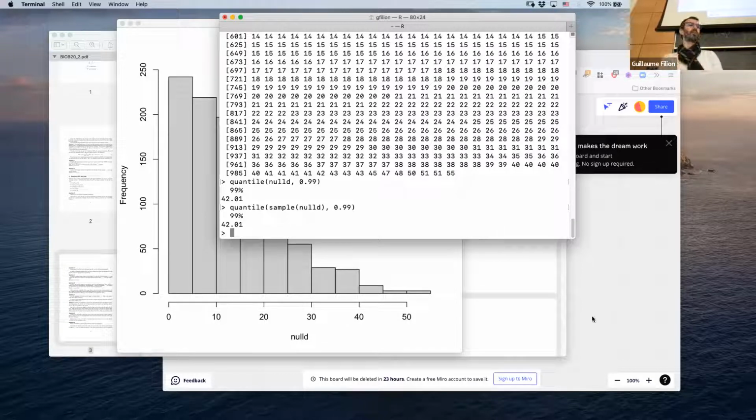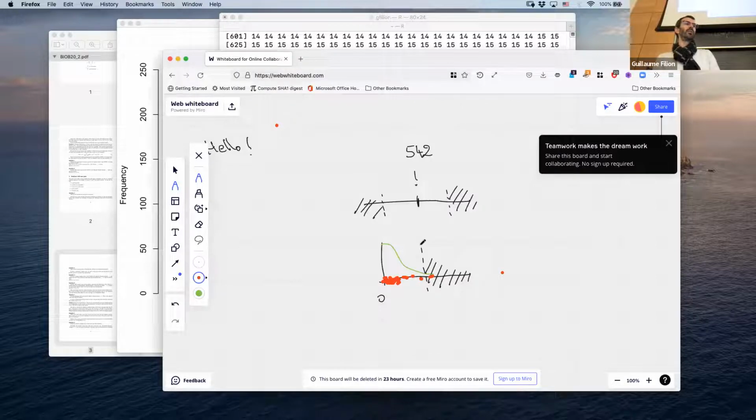All this is to say that if we choose 42, then there is a 1% chance that the statistic is on the right side of the 42, and a 99% chance that it is on the left side. So 42 is the threshold, it's the key. But we first had to decide that we're going to work with a 1% risk.